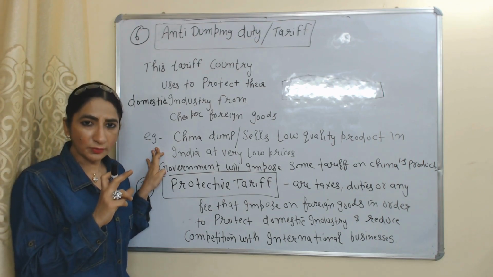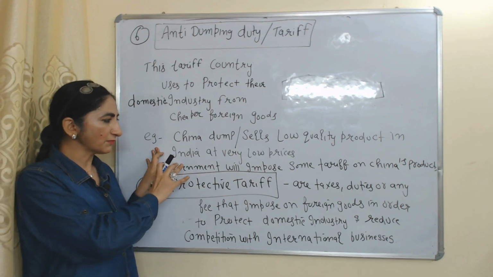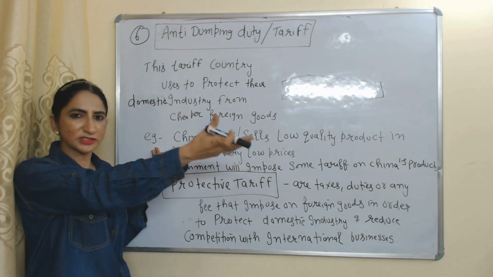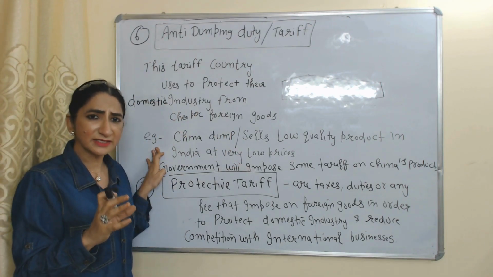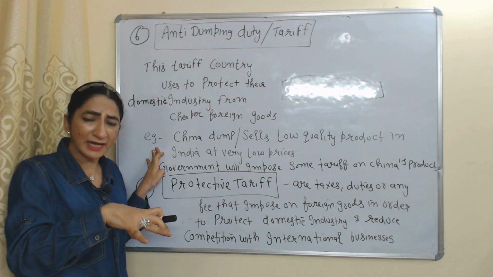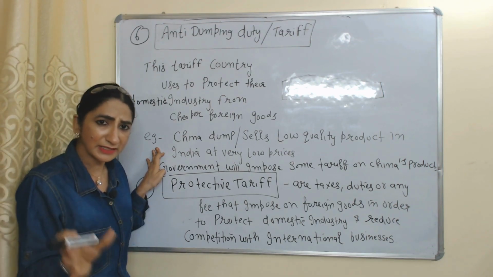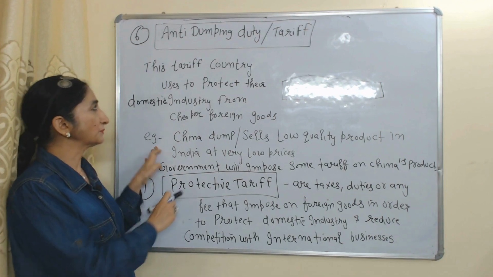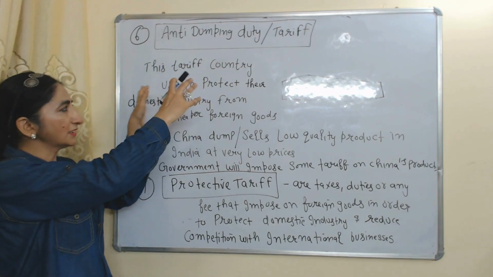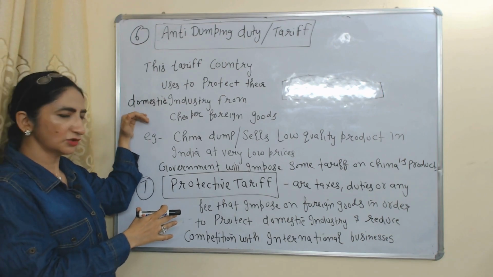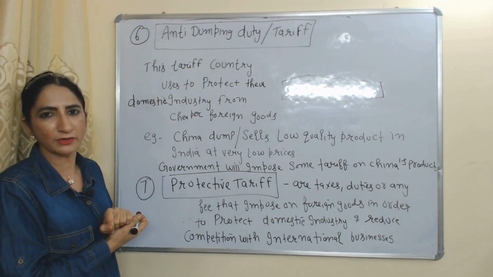Now, in order to protect the domestic industry, the government will impose some tariff on Chinese products. As a result, Chinese products will become expensive in India, and the people of India will not buy them. Now they will start buying their own country's product. So, anti-dumping tariff is used by a country to protect its domestic industry from cheaper foreign goods.